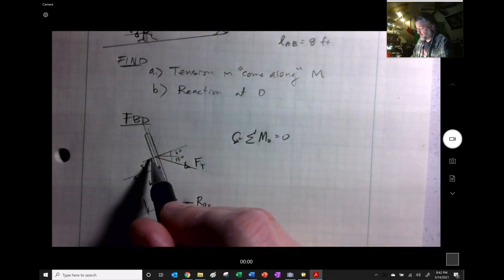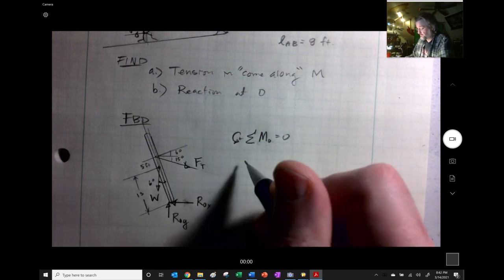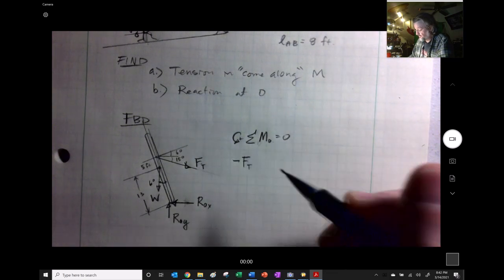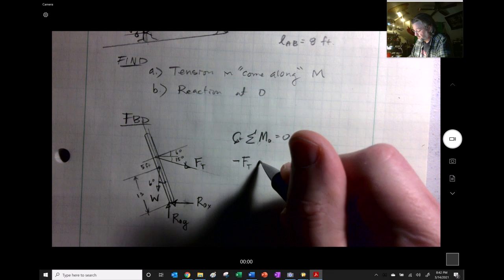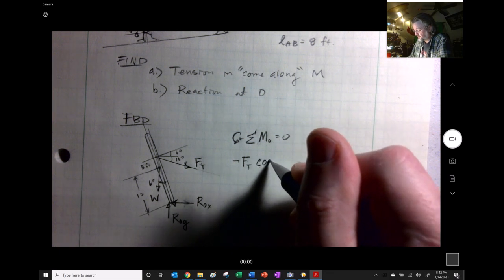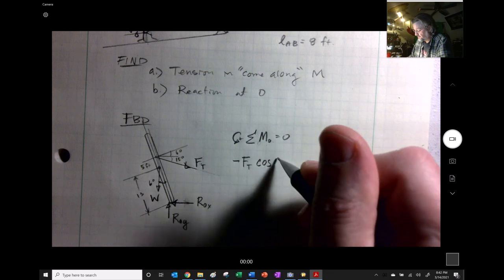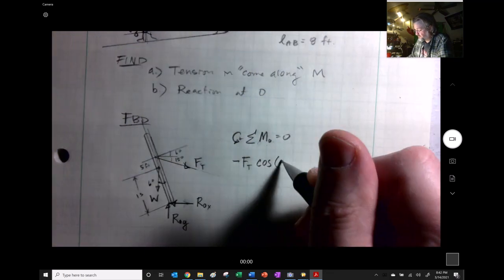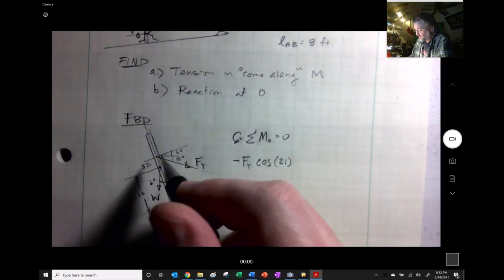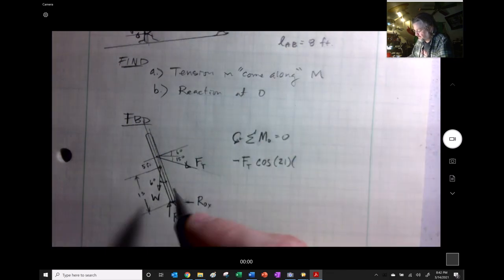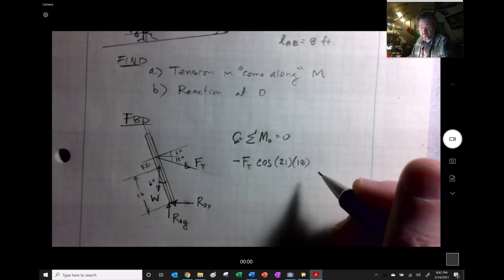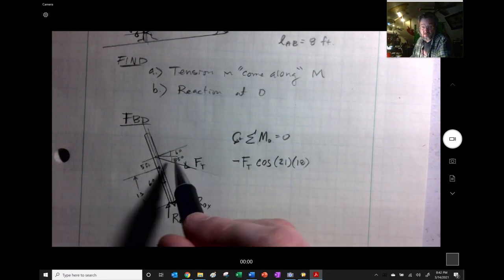I'm going to say he's going to be clockwise, therefore negative, force of the tension times the cosine of 6 plus 15, or 21 degrees, right? And then the distance that it's going to be is going to be 5 plus 13. You see how that works?